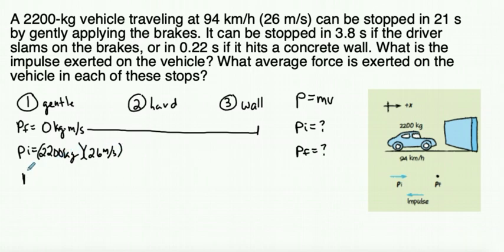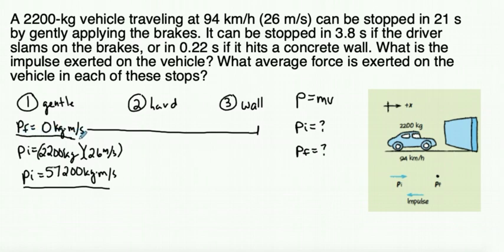So we get an initial momentum of 57,200 kilograms times meters per second. Now that's a pretty big number, but remember here we are working with a vehicle. We're working with a car. Okay, so this is our initial momentum there, and that is our final momentum.